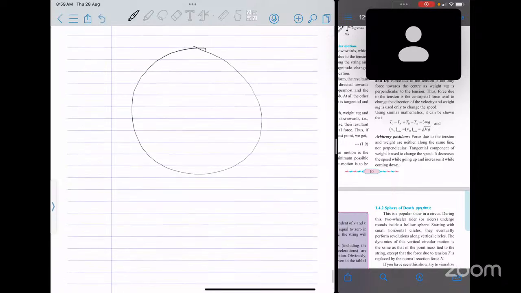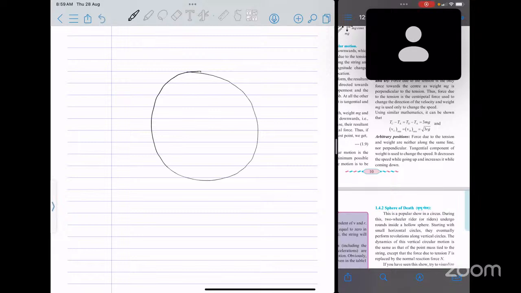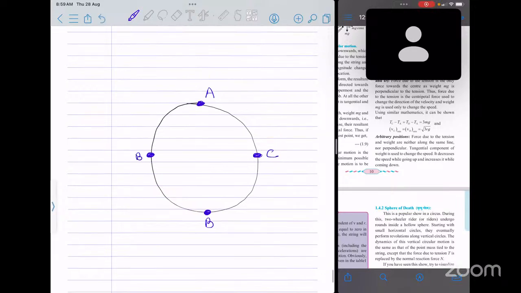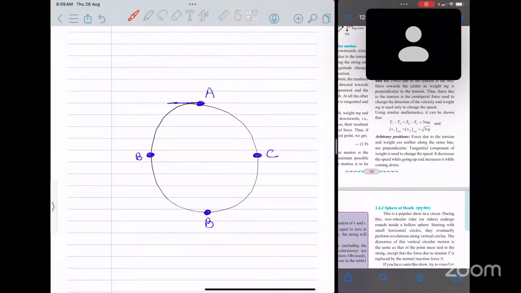Let's say this is the circular path on which the object is moving. This is point A, this is point B, this is point C, this is point D. At point A, VA minimum will be square root RG, and TA will be 0.